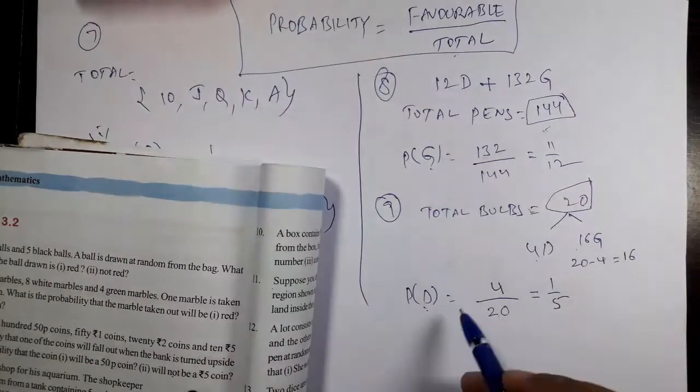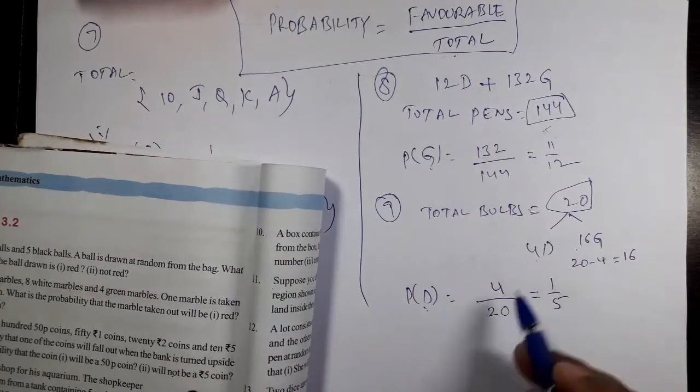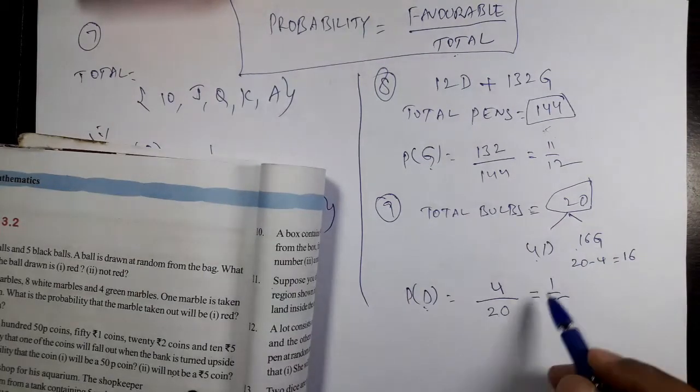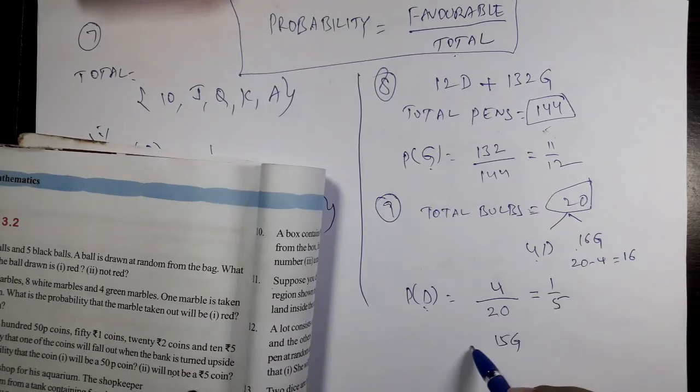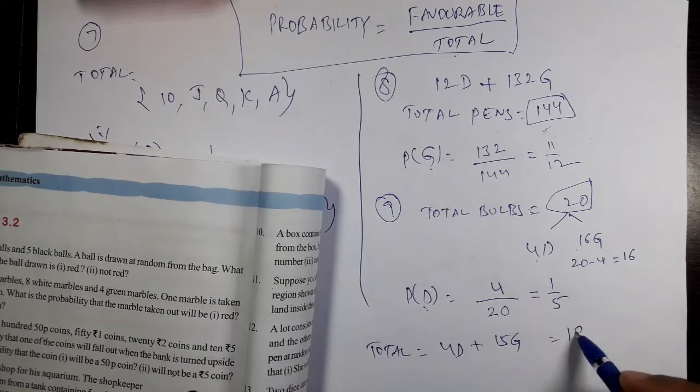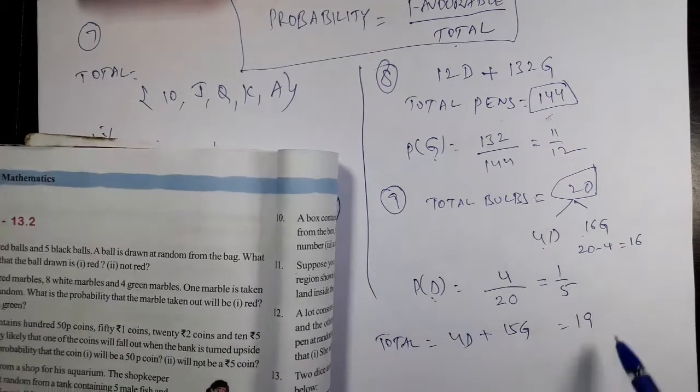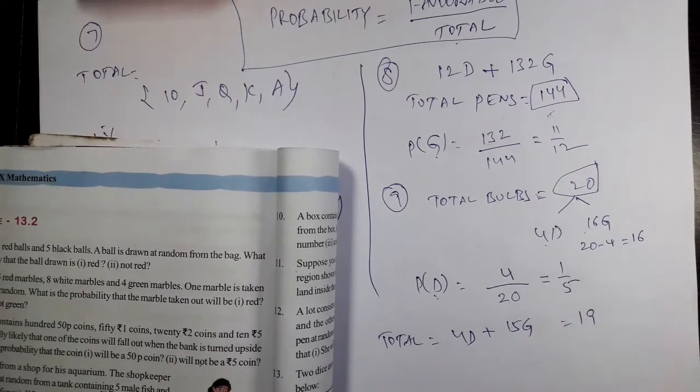Tell me how many are remaining now? Good ones are 15 only remaining. 15 good plus 4 defective. So the total now is 19 only, because one good bulb is left aside.